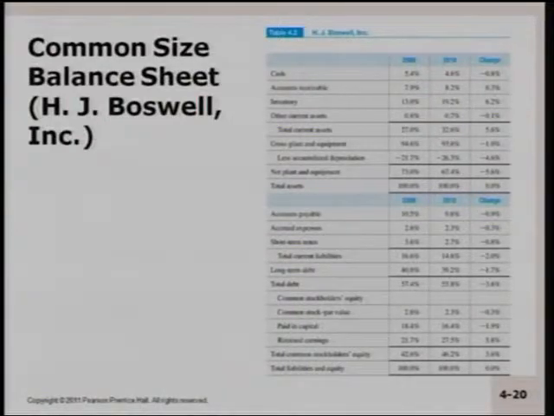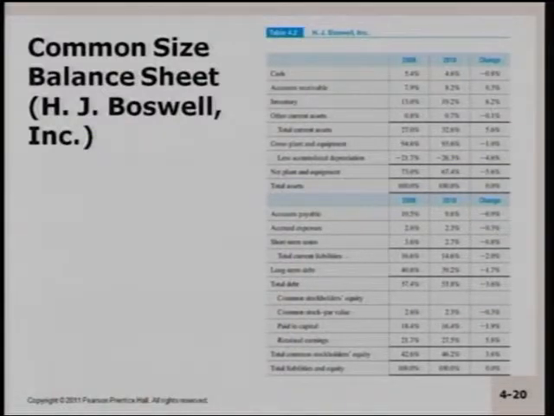So this is reduced, which is fine, and this is increased. This is what we want. The change is improved. This is a decrease, which is the optimal position for this business.